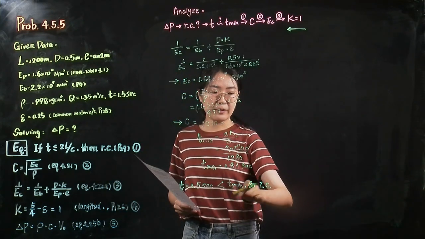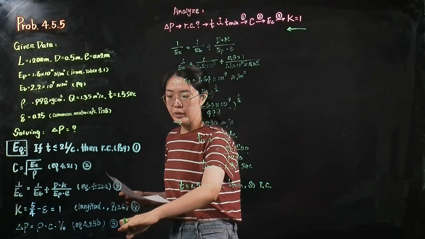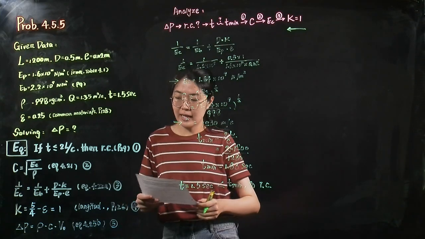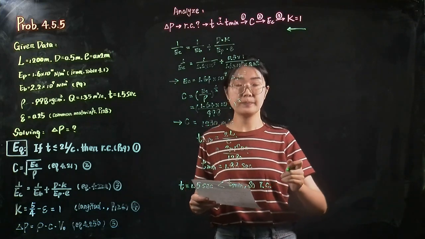And because the rapid closure happened, we can select equation 5 on the textbook to calculate the maximum water hammer pressure.